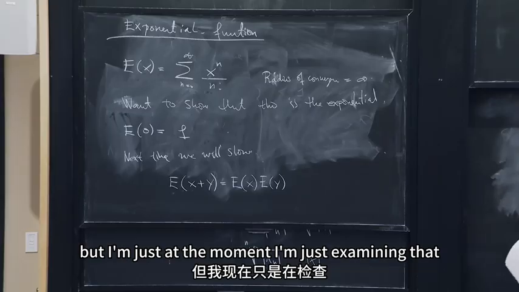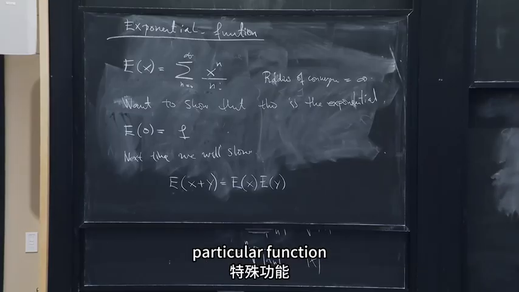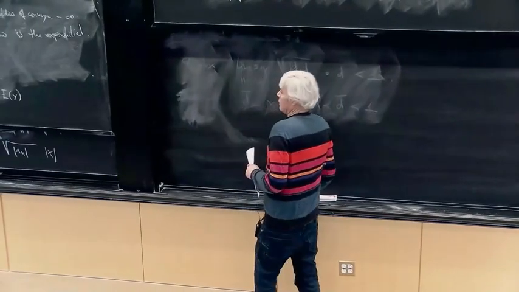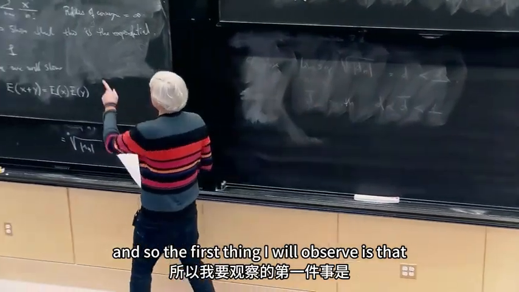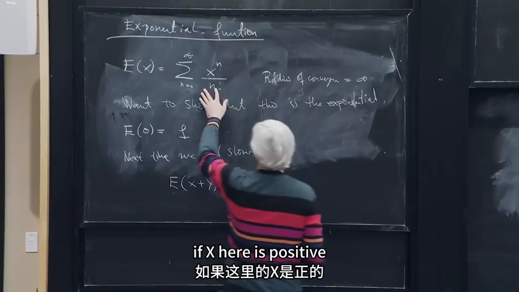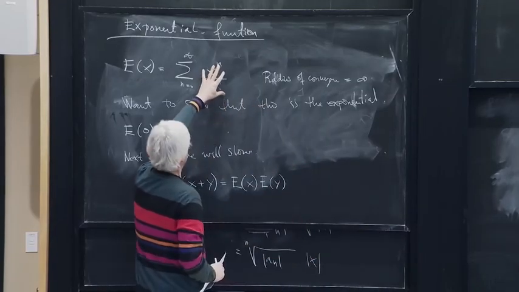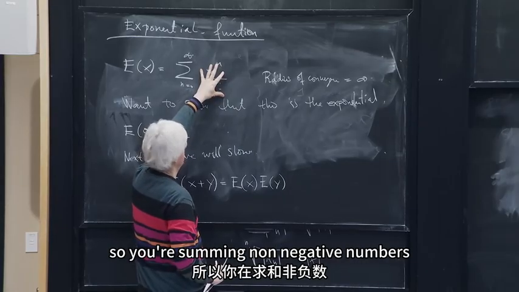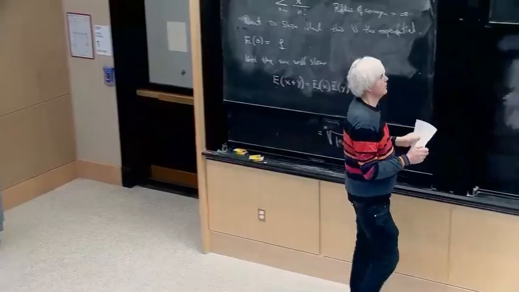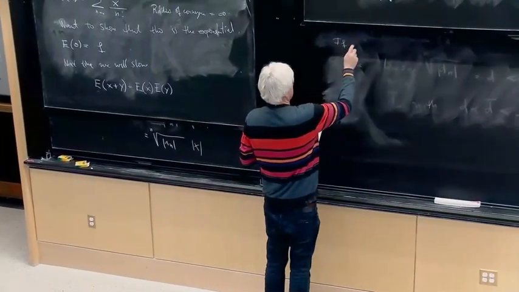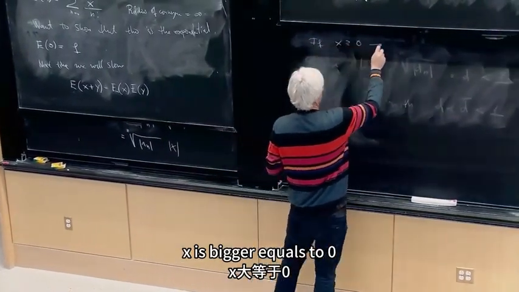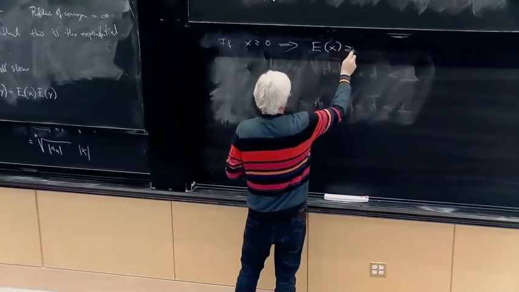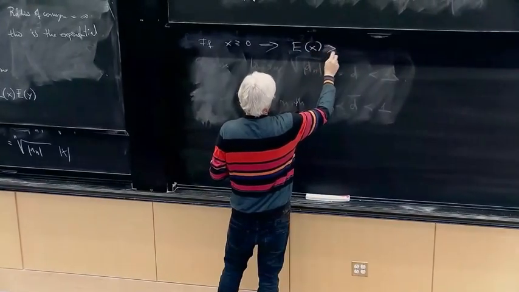I haven't really gotten to the property yet, but at the moment I'm just examining some properties that this particular function has. The first thing I observe is that if x is non-negative, then all of these numbers are non-negative. So you're summing non-negative numbers, so the sum is non-negative. If x is bigger or equal to 0, then E of x is actually strictly positive.